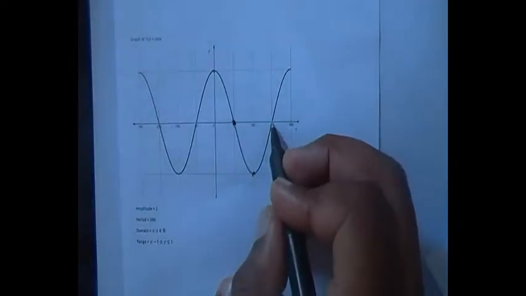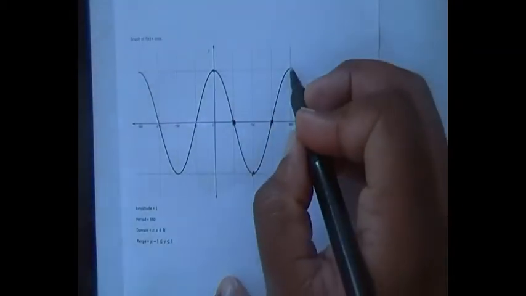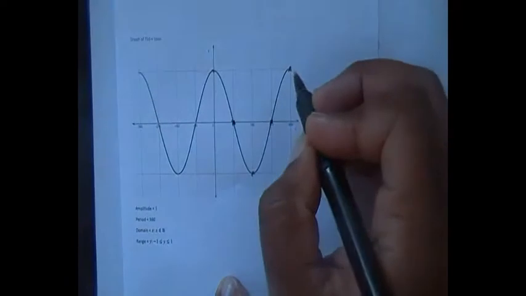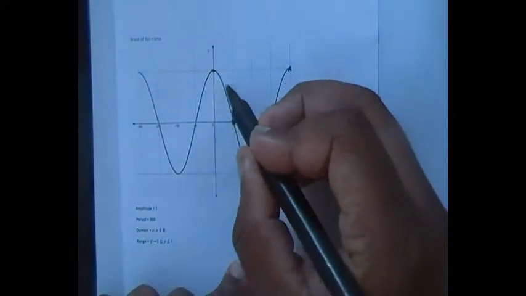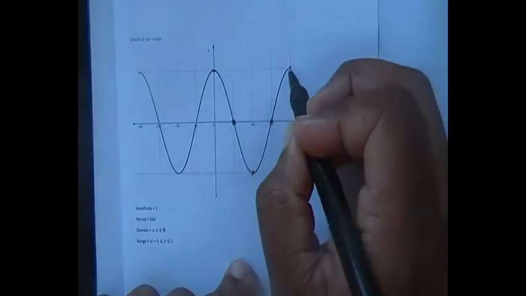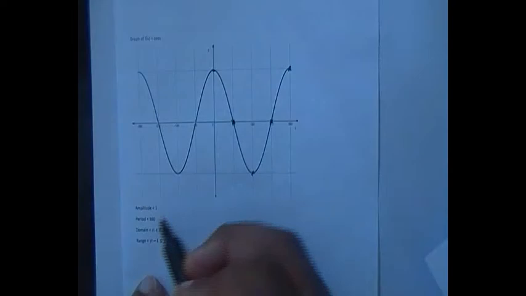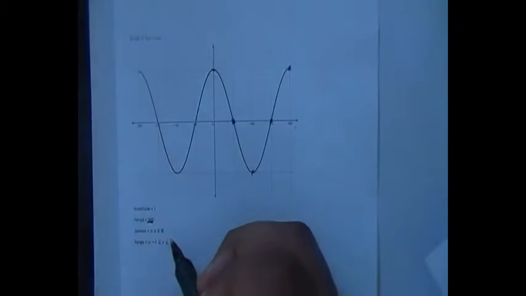The cos of 270 is 0. And the cos of 360 is positive 1. Okay, so you see, we started here, we went down, and we're back to the same place at 360. So what that means is that the cos function also has a period of 360.